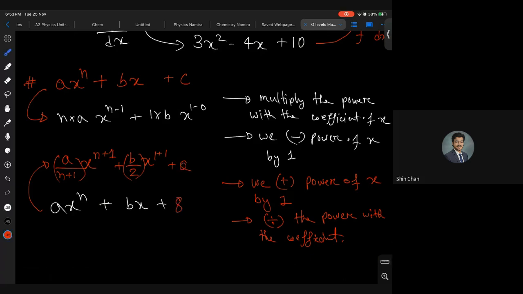That is a constant, right? 8. And is there any x here? No. Nope, there is an x. I told you, right? X to the power 0. So I had to add this one too, right? So x to the power 0 plus 1 would give me x to the power 1. So it will become 8x.